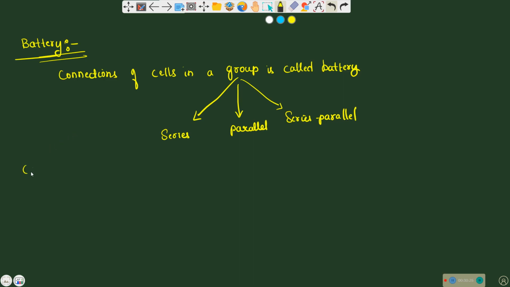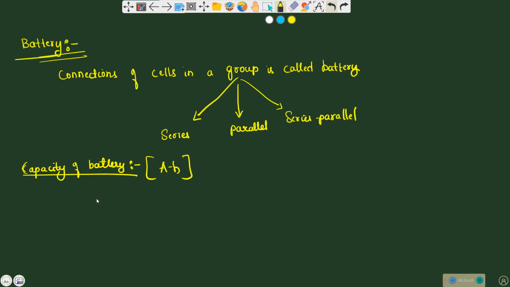So in order to know what is the capacity of a battery, we should know ampere hour. When someone says what is the capacity of battery, ampere hour. Why?